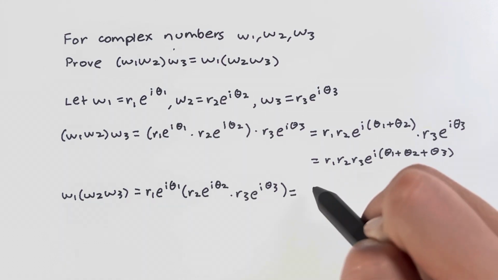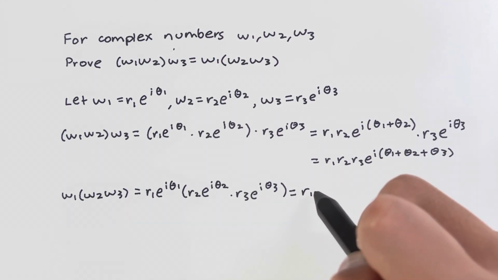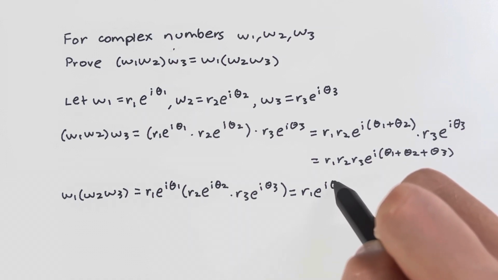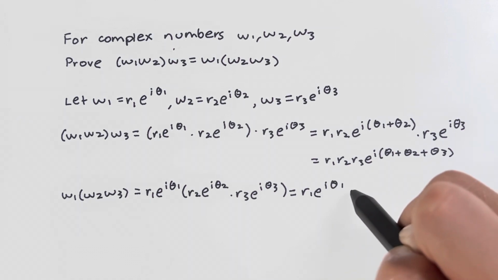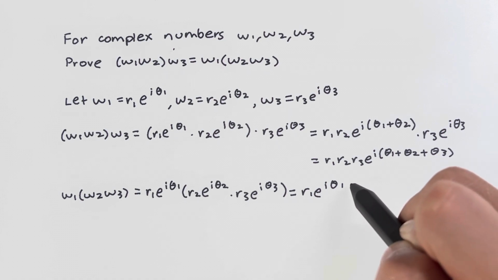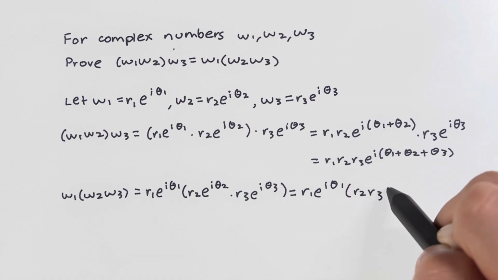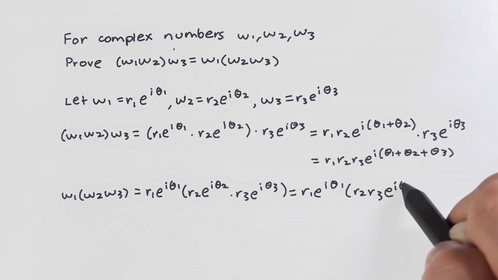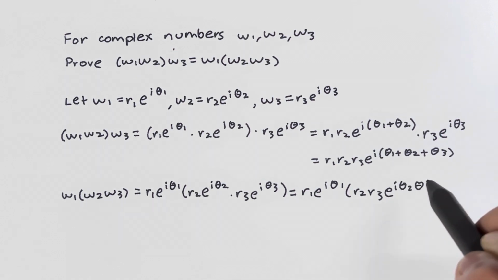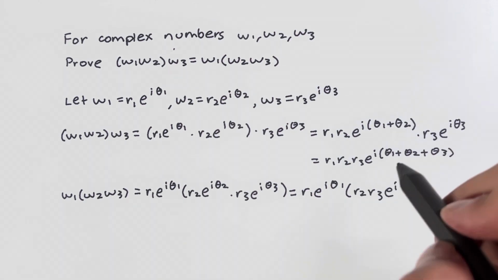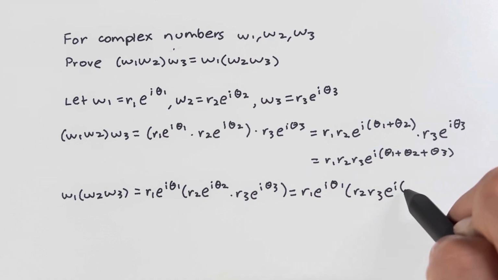This will equal R1 times e to the power of i theta 1, times R2 R3 times e to the power of i times (theta 2 plus theta 3).